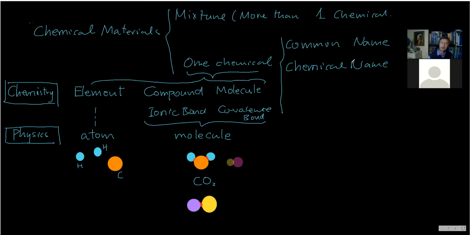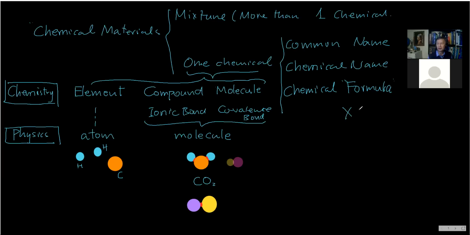There's another thing you need to know. For each chemical, you have to know its chemical formula, like the one I wrote here. A chemical formula is just a description of what the material is.